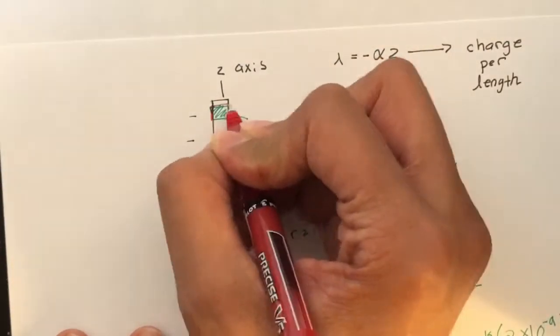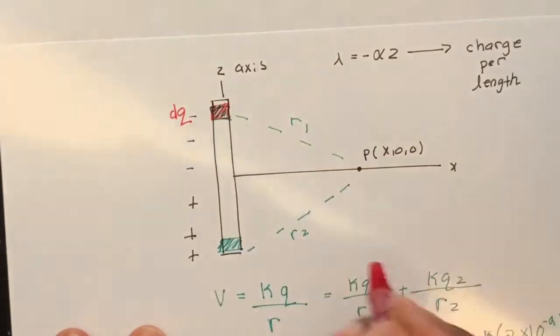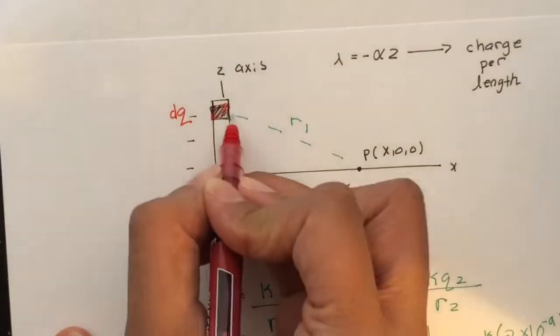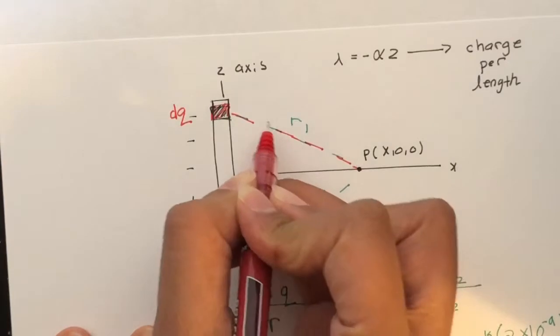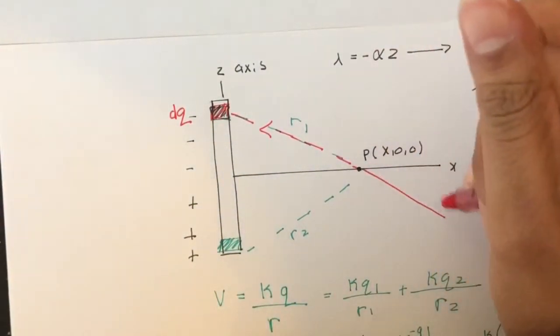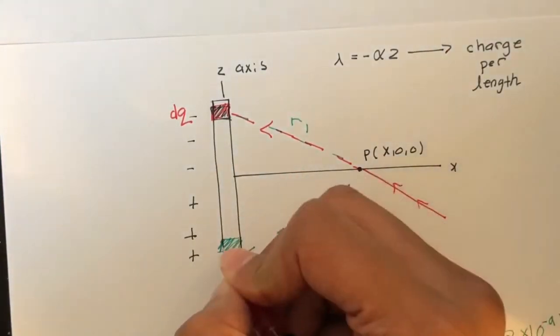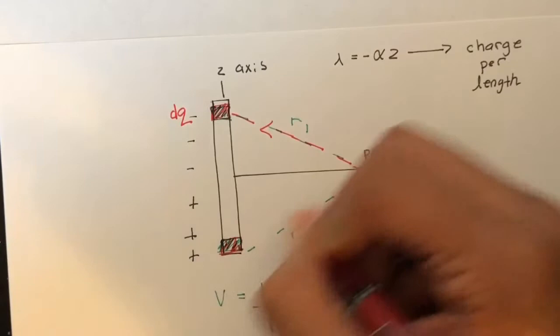So we're going to call this tiny dq. And for a negative charge, the electric field radiates inwards towards the negative charge, while for the positive charge, the electric field radiates outwards.